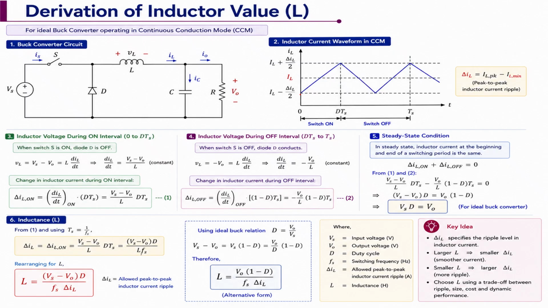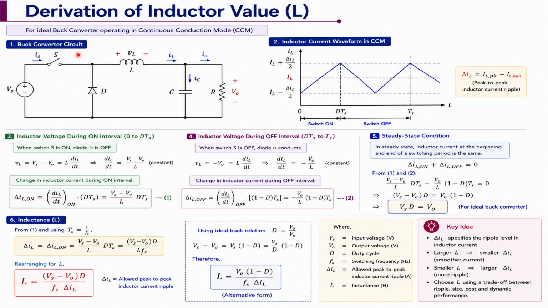So whether it is turn on time or turn off time, current is flowing through the inductor. You see the waveform: current is never touching the zero reference line. So this is considered as continuous conduction mode.